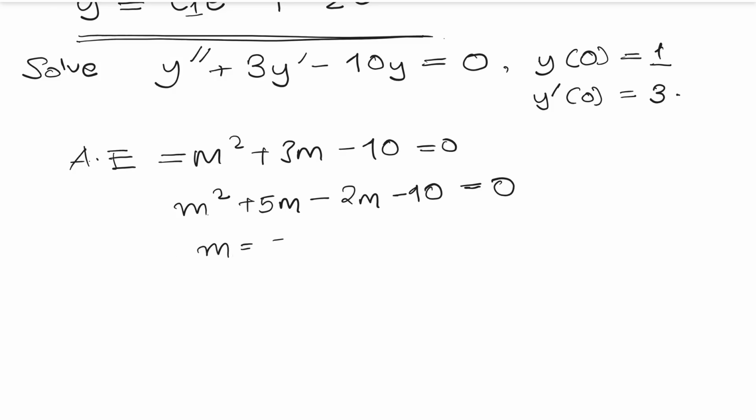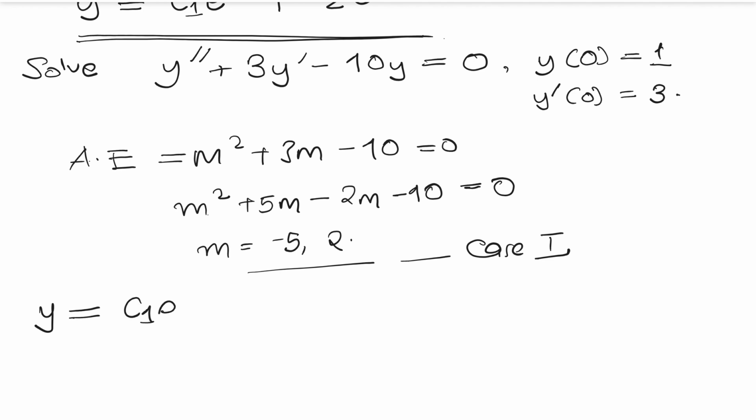So the roots are m equals negative 5 and 2. Also this falls under case 1, that is, the roots are real and distinct. So y is equal to c1 e to the power minus 5x plus c2 e to the power 2x.